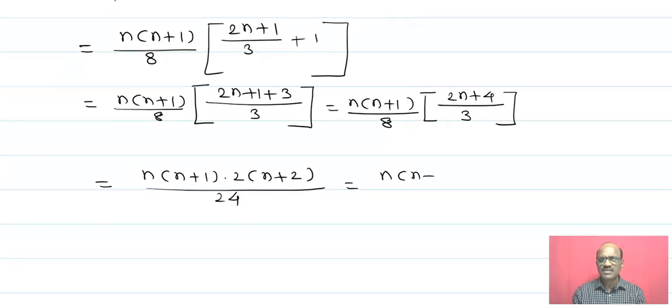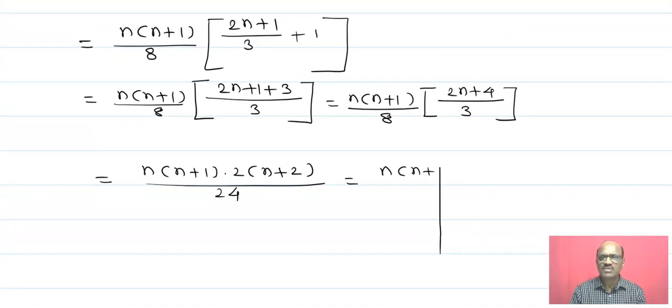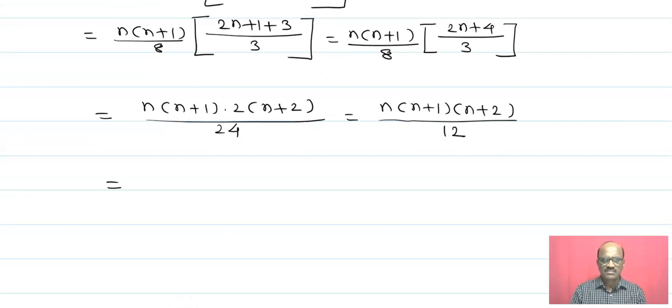That is n into n plus 1. Now there is a problem in writing. n into n plus 1 into n plus 2 upon 12, that is n into n plus 1 into n plus 2 upon 12.